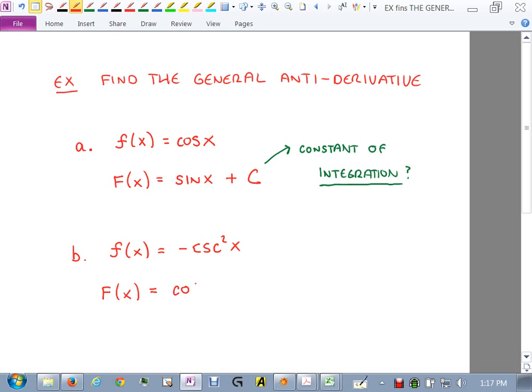Good try. Cotangent x. Cotangent x plus c. So how could you figure that out from your formula sheet? You could look at your derivatives, looking at the right side of the equation for what? Negative cosecant squared x, and you would see that it's the derivative of cotangent, right?